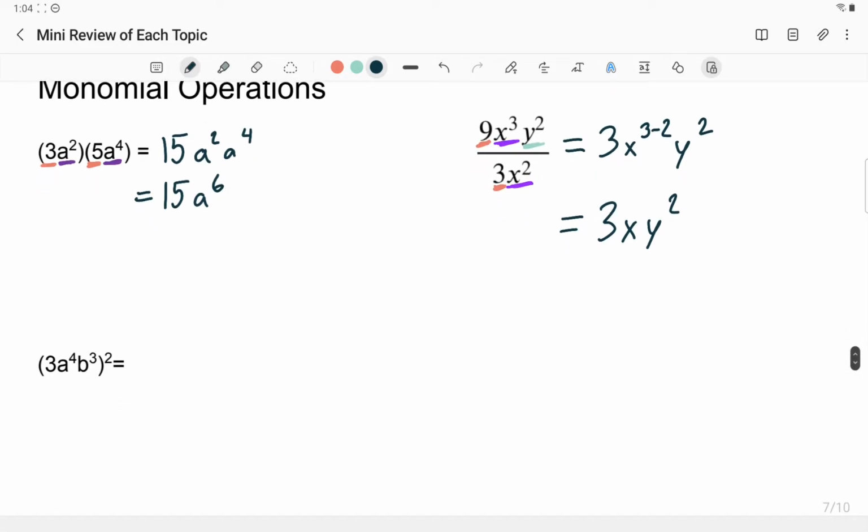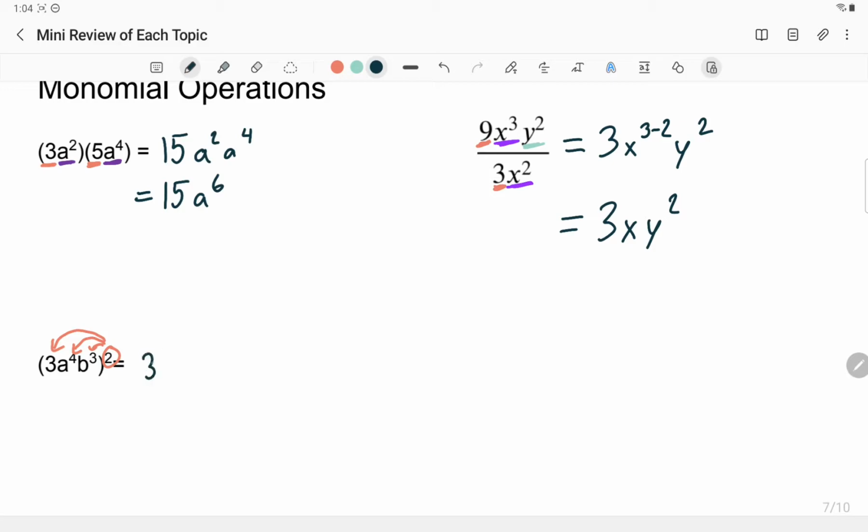Let's take a look at one final thing. What if you have an exponent applied to a whole bunch of things? What we said before in our exponent laws is that if you have an exponent, you have to apply that exponent to all of the different parts. So even though you have a monomial there, you can apply it to each of the separate letters and the number in front.